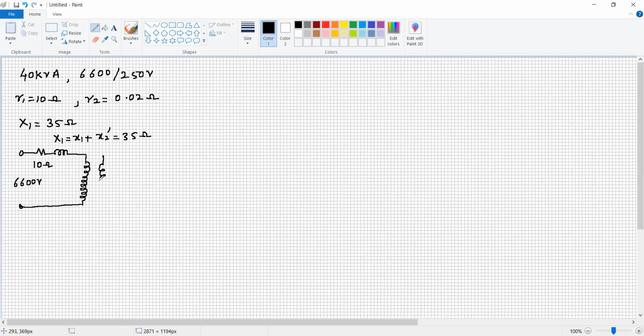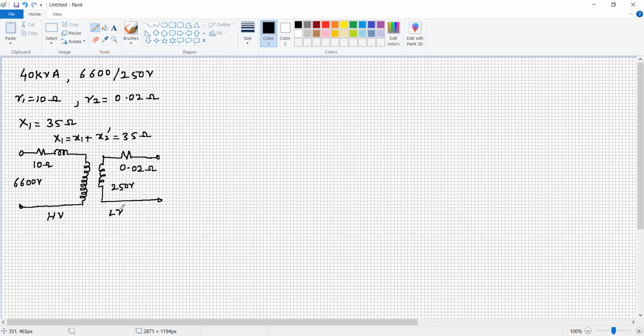Whereas in the secondary winding, with fewer turns, only resistance is given, reactance is already referred, and this resistance is 0.02 ohm. The secondary voltage is 250 volt, E2. This is the HV winding and this is the LV winding. This is the given data.